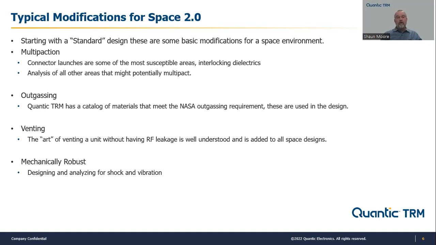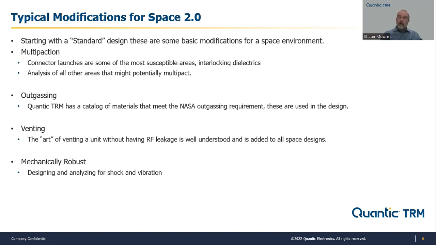Therefore, we need to go to a mechanically captivated connector. Also, the interface between the connector and the housing is usually a place where multipaction can occur. So this is the first place where we go in and do modifications to mitigate the multipaction problem.